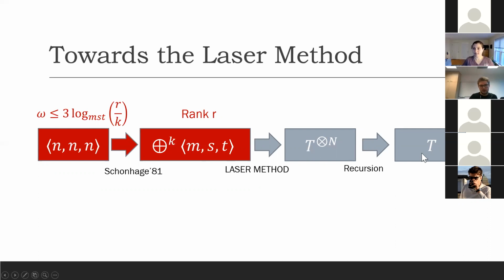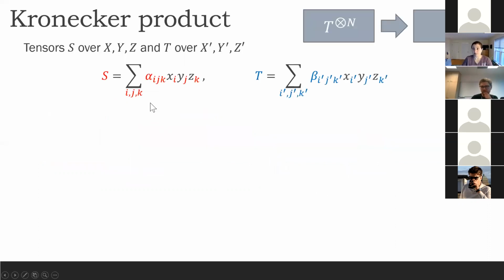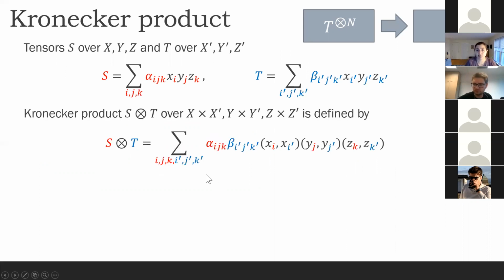All right, the next step is over here. I'll define the Kronecker product of two tensors. Let's say we're given two tensors, which we know are multilinear polynomials. The Kronecker product is just the product of the two polynomials. So you multiply the two polynomials, however, you identify the pairs of x variables to be a new variable.